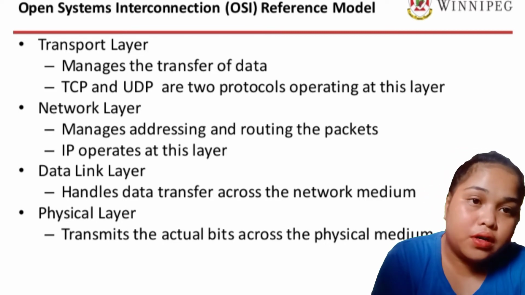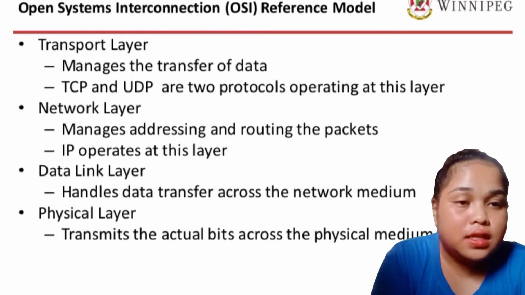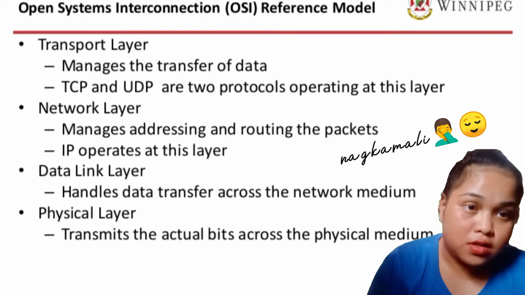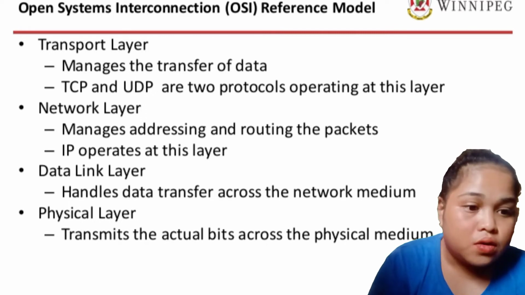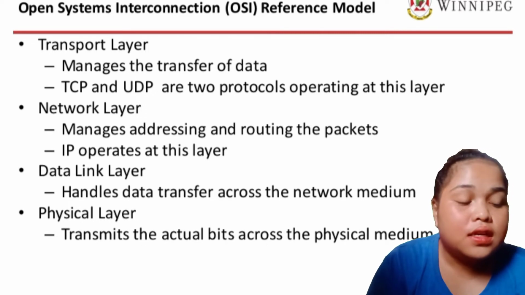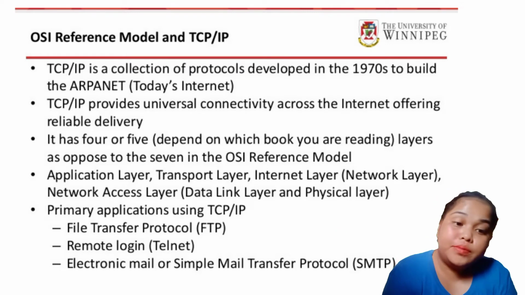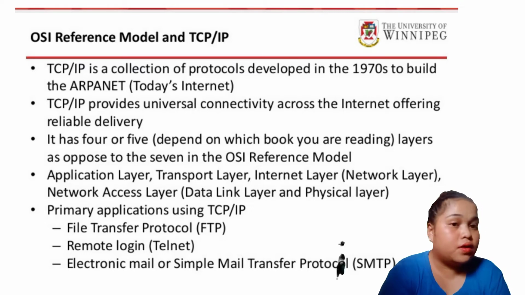The sixth layer of the OSI is the data link layer, which handles data transfers across the link. The 7th and last layer is the physical layer, which transmits the actual bits across the physical medium. Now we will proceed to the OSI reference model and TCP/IP.